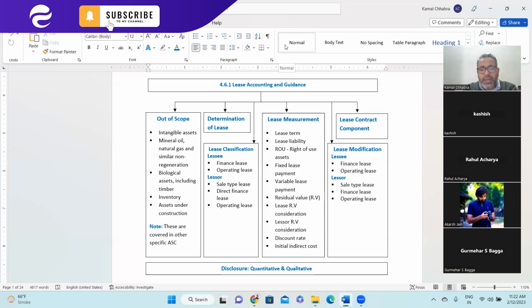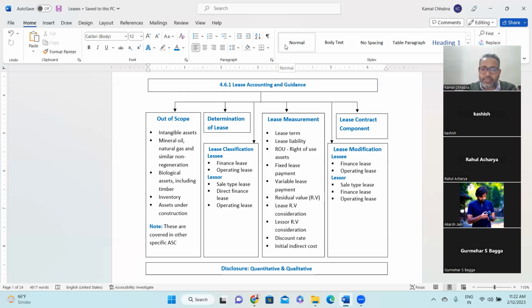From the lessor's standpoint, if it is not a sales type lease, then you need to evaluate whether it's a direct finance lease. If it is neither a sales type lease nor a direct finance lease, then it will be classified as an operating lease. We'll be understanding all those criteria in detail, but just at a high level, I'm giving you an overview of what is expected in these topics.